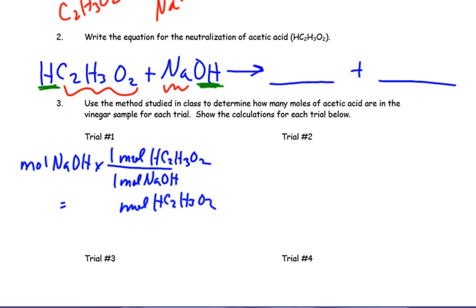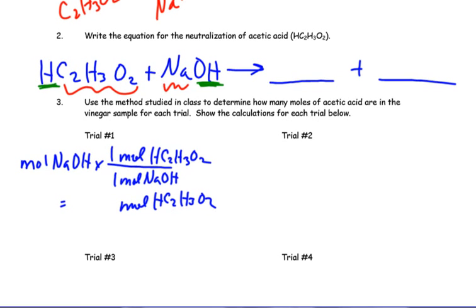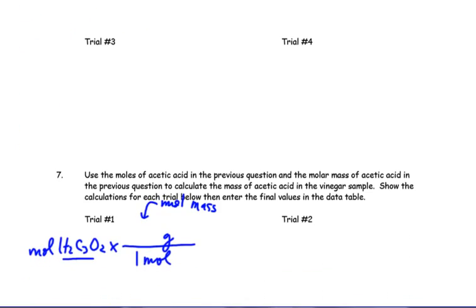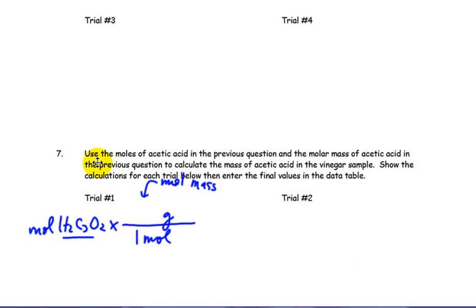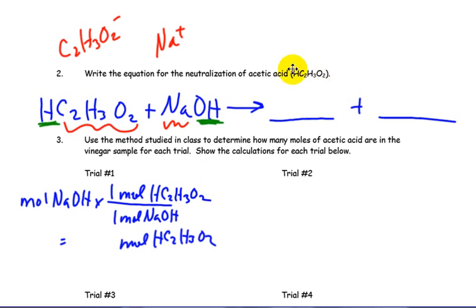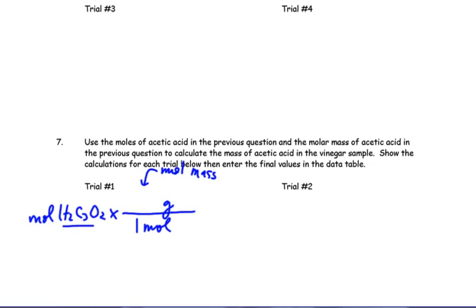Now, we're not going to figure out big C for acetic acid. We're not figuring out molar concentration, we're figuring out percent. So what we need to do is convert that into grams now. So you'll have to determine the molar mass of acetic acid, and from there take our moles of acetic acid, multiply by the molar mass, and get how many grams of acetic acid were actually in that vinegar sample. Okay?